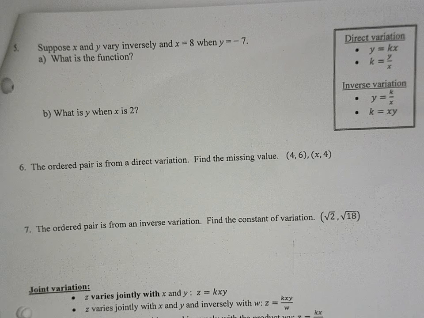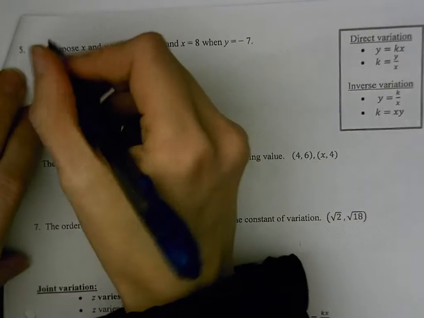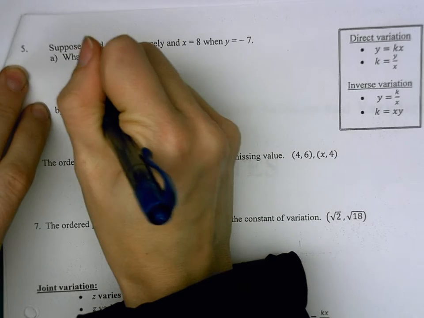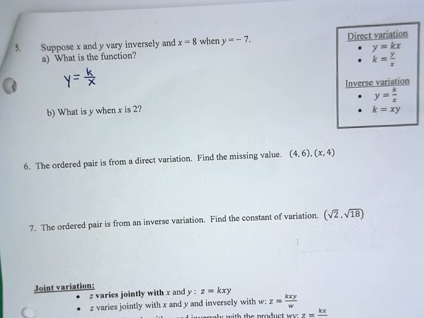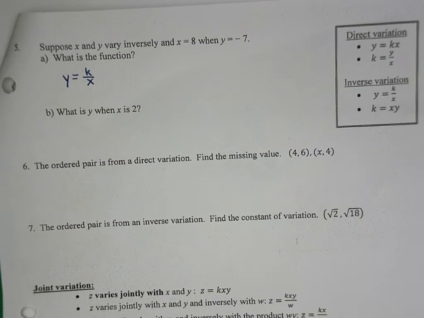Number 5, they tell us that X and Y vary inversely. They're telling us that already, so I don't even need to check. Y is going to be K over X, inversely with X. Okay, and then X equals 8 and Y equals -7.